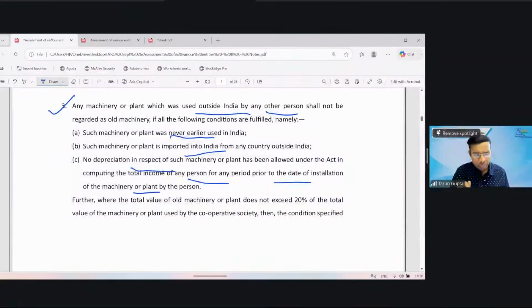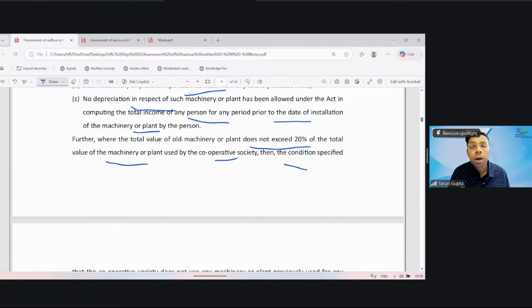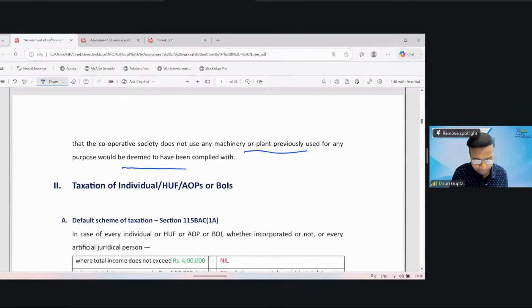And lastly, where the total value of old machinery does not exceed 20% of the total value of the plant and machinery used by the cooperative society, then the condition that the society should not use any machinery previously used for any other purpose is deemed to have been complied with. So a leeway of 20% is allowed; you can use old machinery up to 20% of your total plant and machinery.